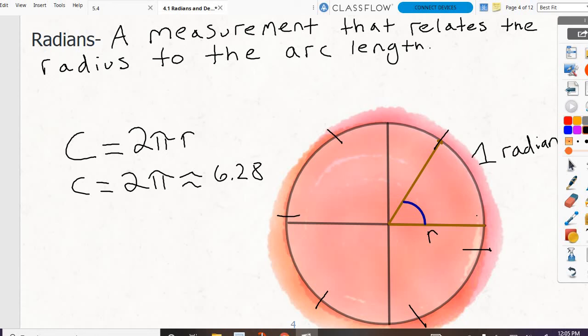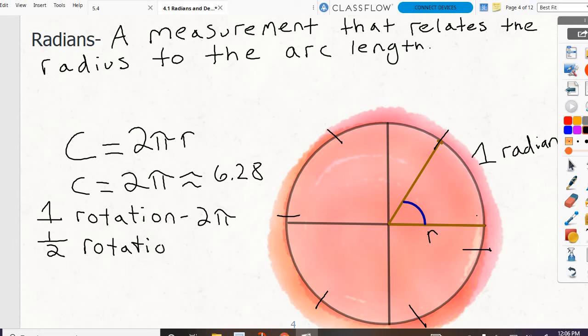Now, most of the time, we're going to leave our radians exact. We'll say 2 pi, because we don't want the decimal approximation. That means that 1 rotation is 2 pi. So what is a half of a rotation? Just pi.